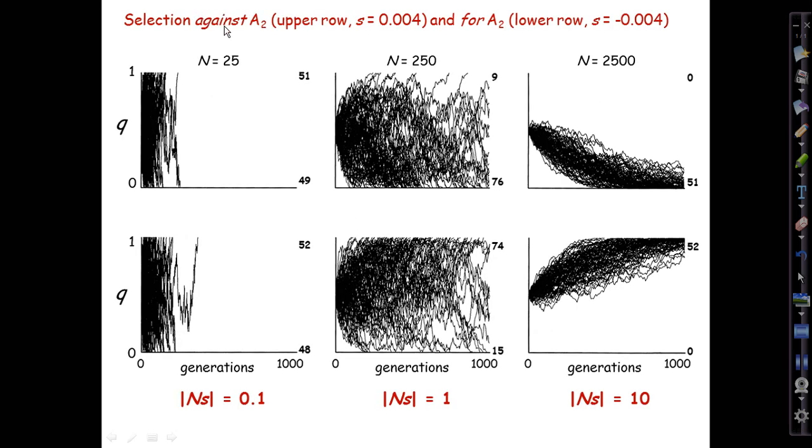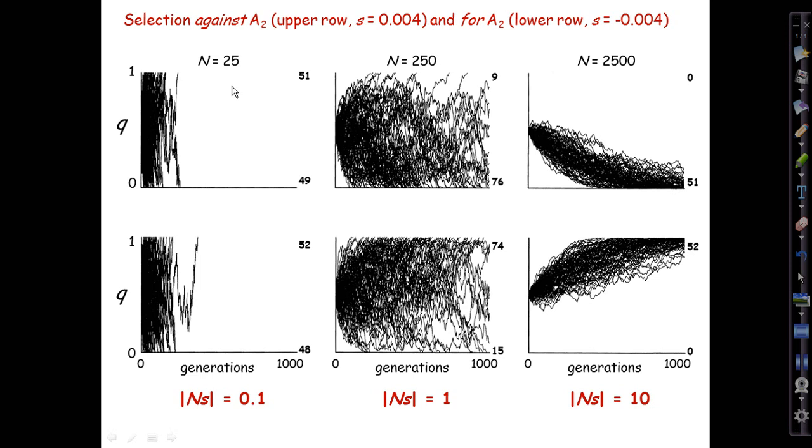Okay, now let's consider a case with selection. Against A2 in the upper row, here S is 0.004, which in my notation means selection against the A2 allele. And in the lower row here, this S, the selection differential, is minus 0.004, which means selection is against A1 and for A2. So now what happens?